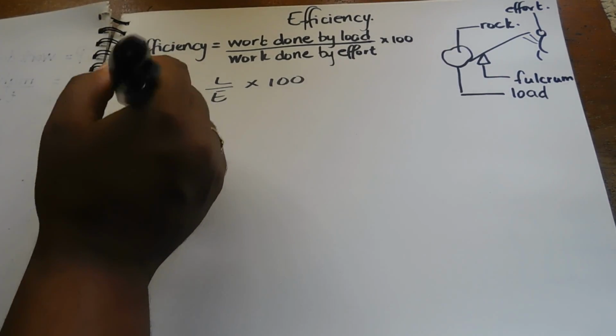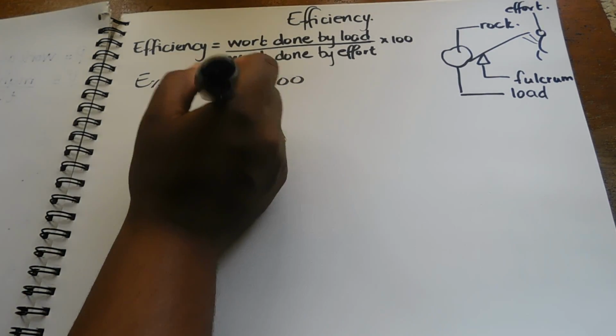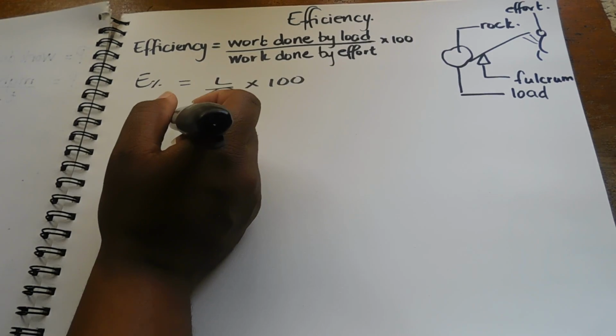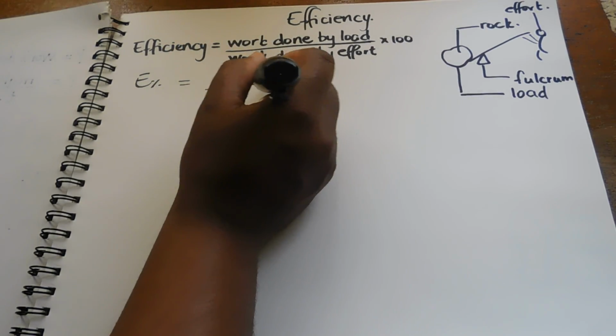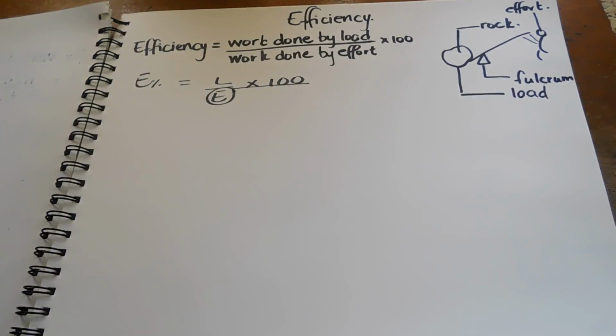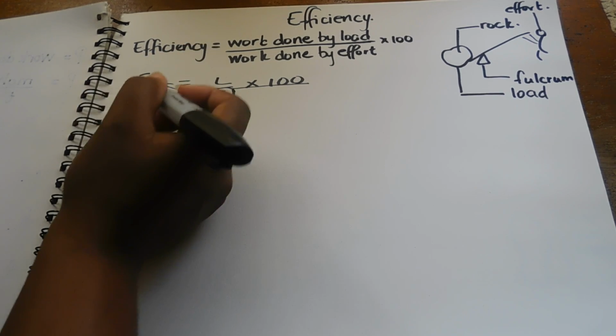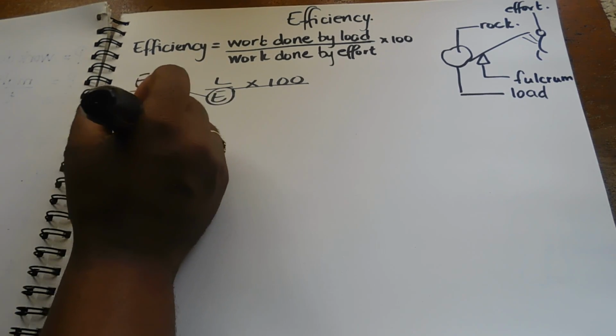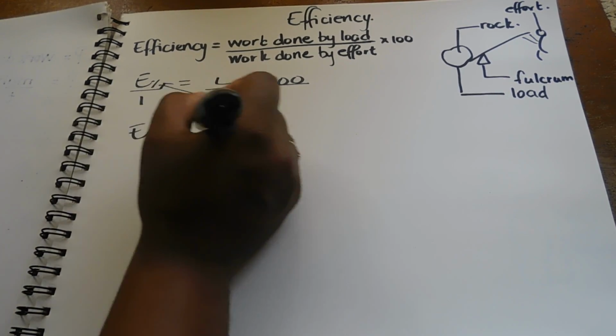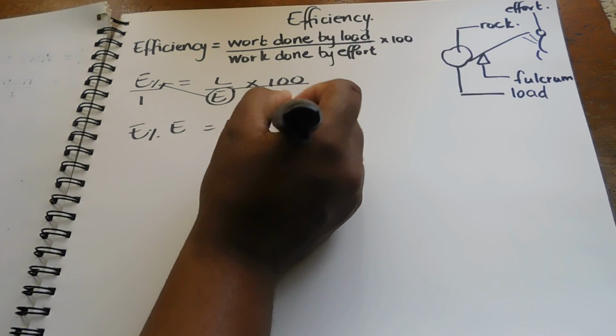Suppose we were given everything else but the work done by the effort. How can we find that? Well, L over E times 100, you put all this over 100, because it's a multiplication anyway. And you put this over 1, you move this up, and you get E percent E equals to L times 100.